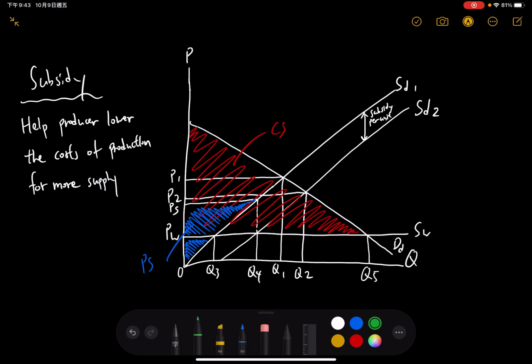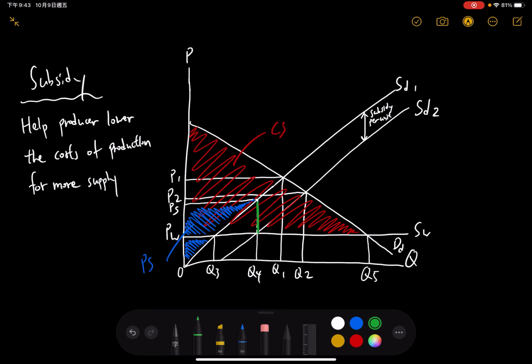This distance here is the unit subsidy. For each unit that the producer sells, they will receive a unit subsidy, and they are selling at Q4.